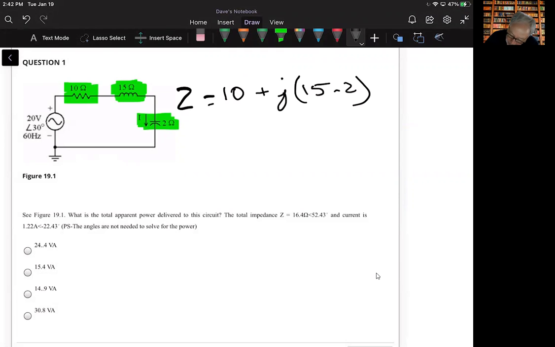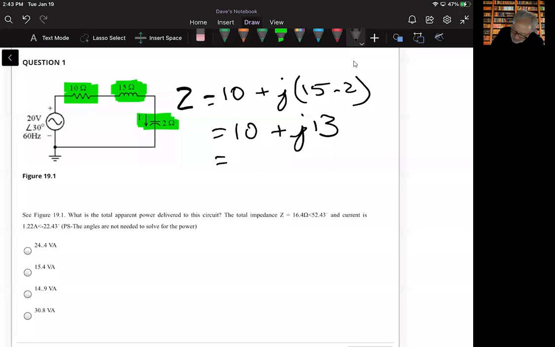You're trying to get the total impedance, and so that would be 10 plus j13 in rectangular form, and then from there you get a value that you can use to do the calculations. So let me run that through the calculator for you.